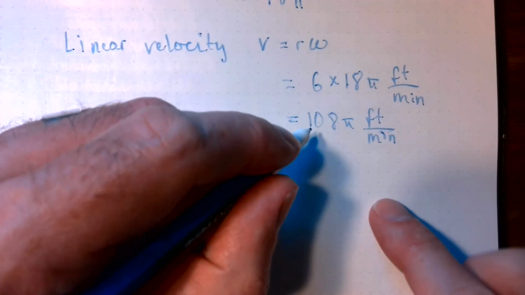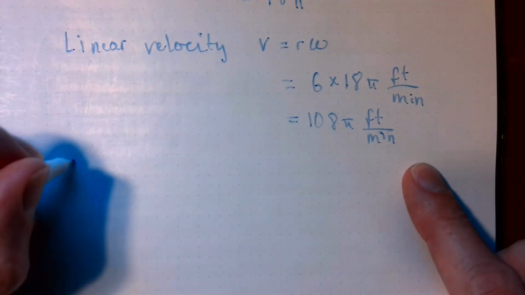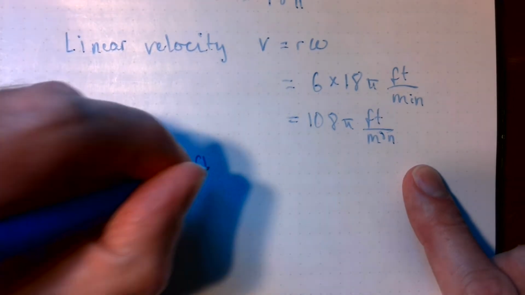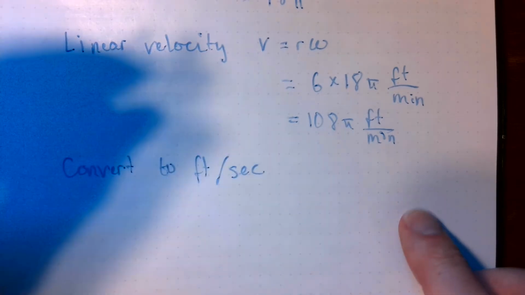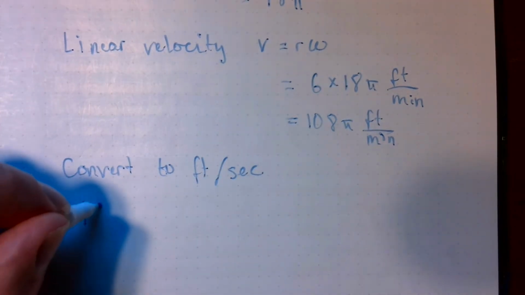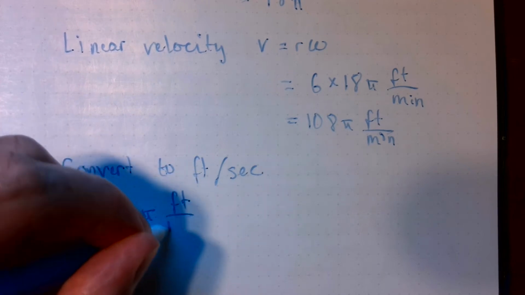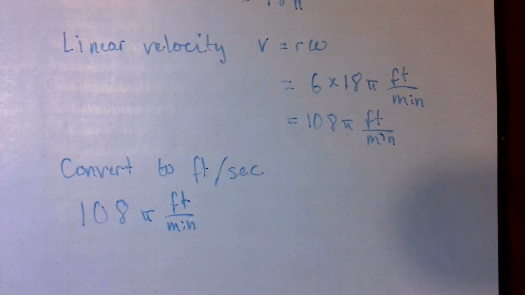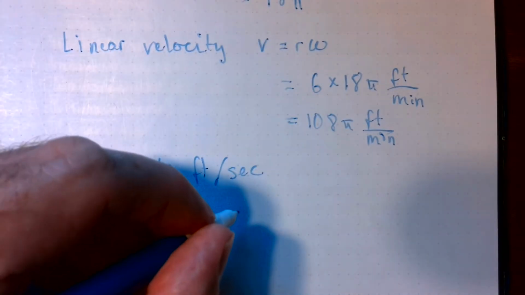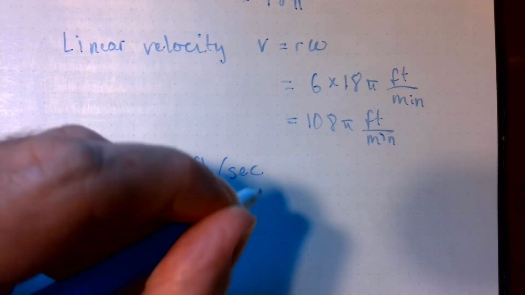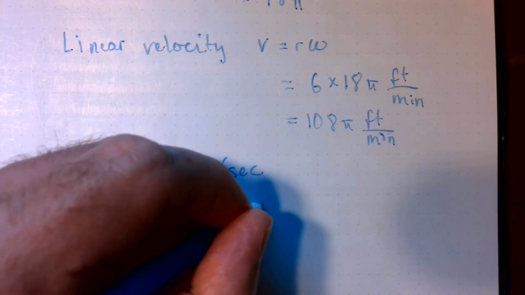So now that I've got the linear velocity in feet per minute, I'm going to convert to feet per second. Okay, so I'm thinking about the units I have. Feet per minute. Now, of course, I know 60 seconds is 1 minute. But I got to think about how I should present my conversion factor.